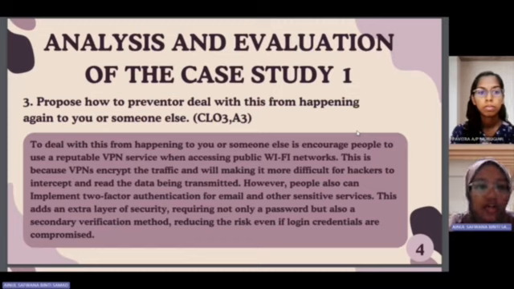People can also implement two-factor authentication for email and other sensitive services. This adds an extra layer of security, requiring not only a password but also a secondary verification method, to reduce the risk even if login credentials are compromised.